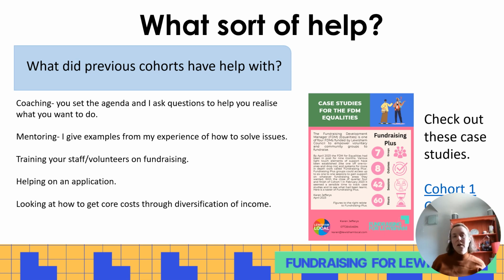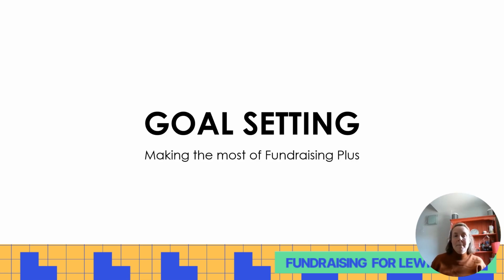So if you're a bit stuck and you want to know how to use it, then that's a good idea. Obviously we can discuss that too. So that would be the end of the first bit of the session. I'm just going to write down the timing for that.